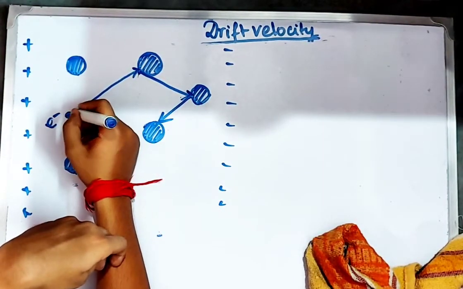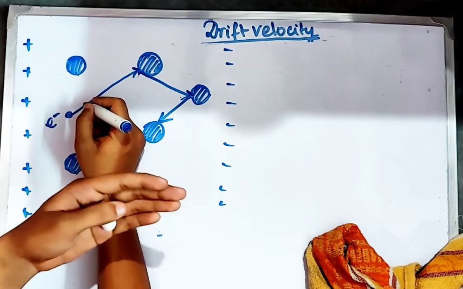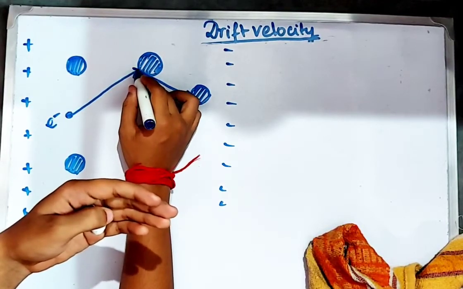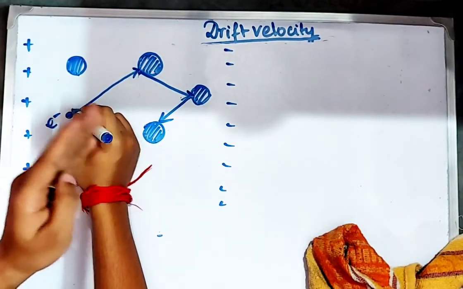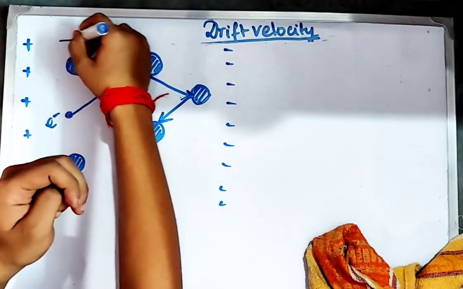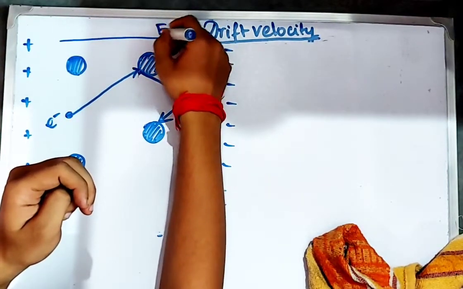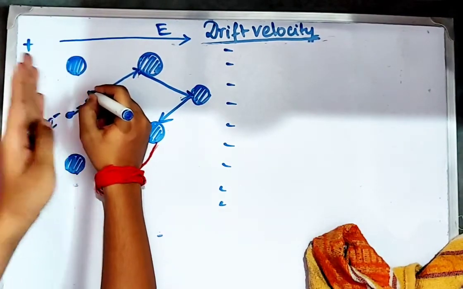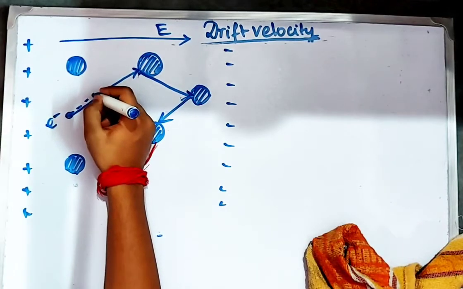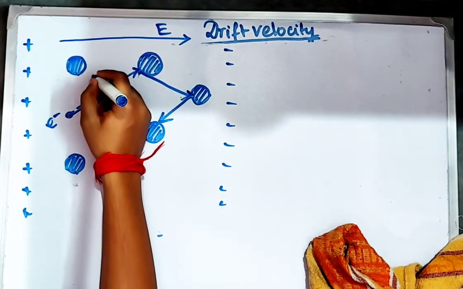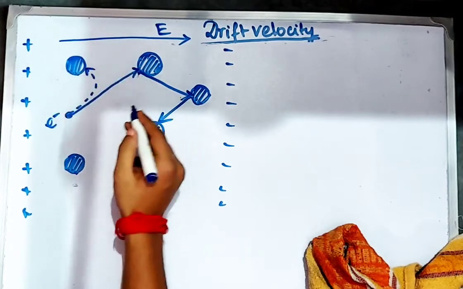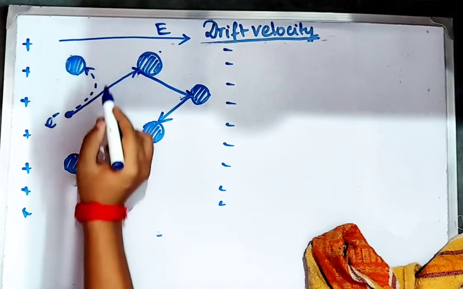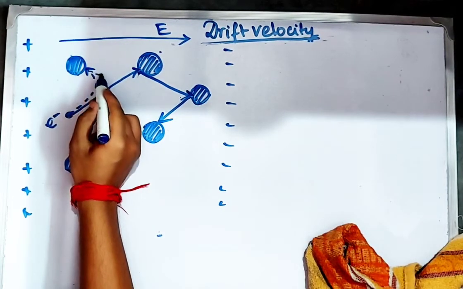So in absence of electric field, the electron would go in this way, but as an external electric field is applied in this direction, the electron will move in the opposite direction of the electric field. So it will move in this way. As this is the positive side, the higher potential side, the electron will go in this way. It will not collide with this atom, it will make a collision with this atom. Then suppose it is coming towards this.